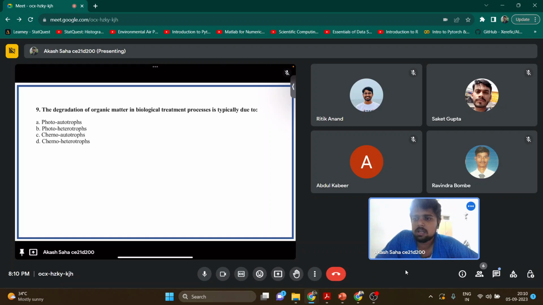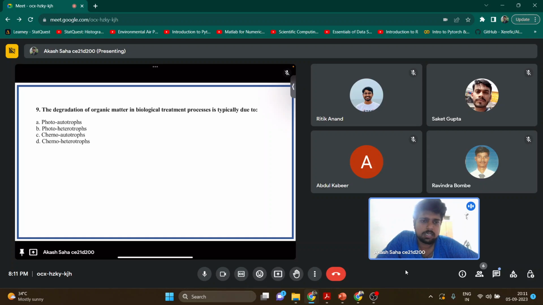Now next, the degradation of organic matter in biological treatment process is typically due to photoautotrophs, photoheterotrophs, chemoautotrophs, chemoheterotrophs. So we have four different types of microorganisms. Photo means they derive their energy from light. Chemo means they derive their energy from chemical reactions or chemical energy.